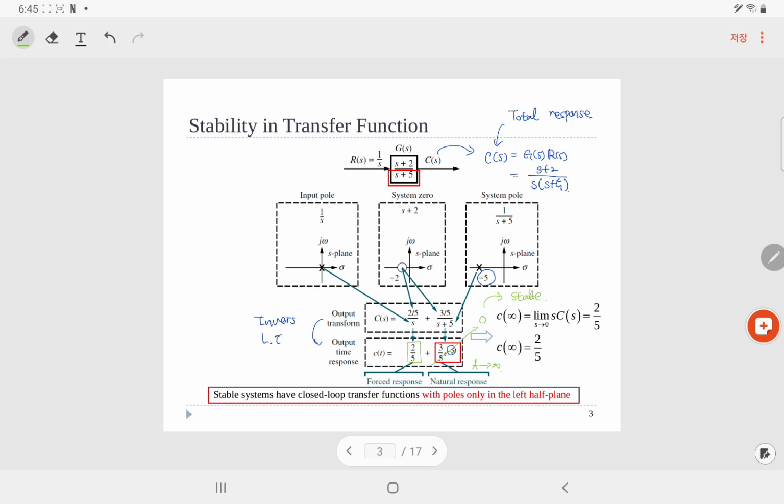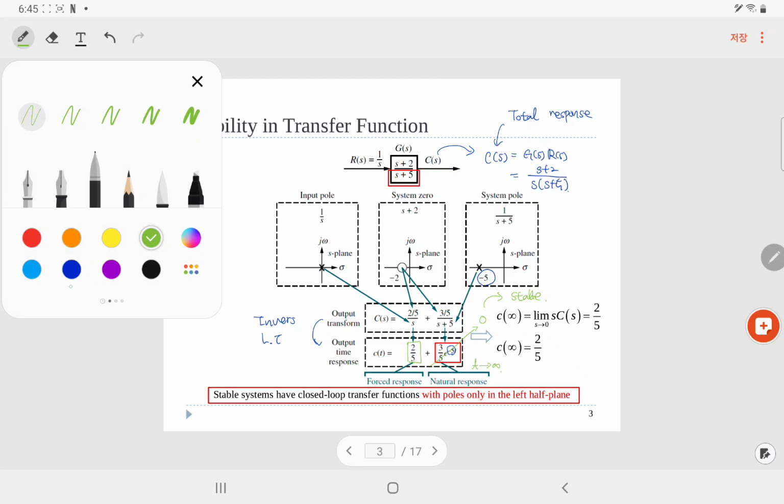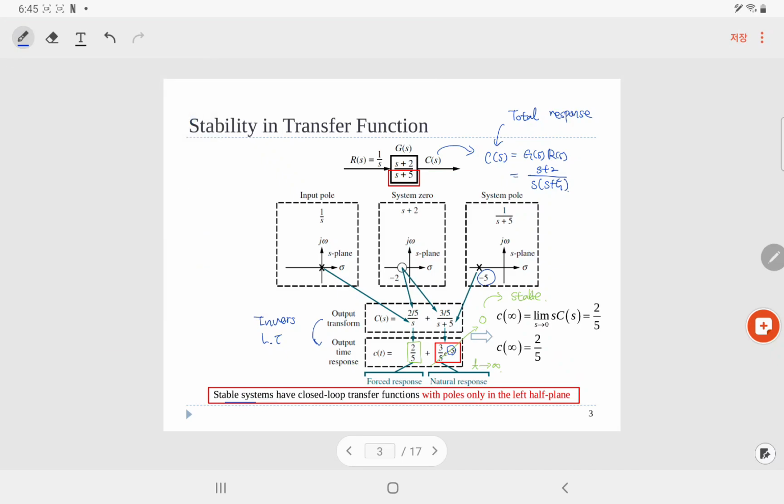So finally we can conclude that stable systems have closed loop transfer functions with poles only in the left half plane. Here you can see that the closed loop system has poles in the left half plane, so we can say that the system is stable from the viewpoint of BIBO.